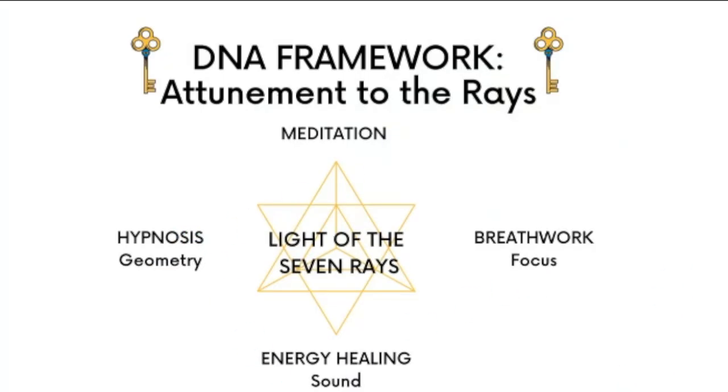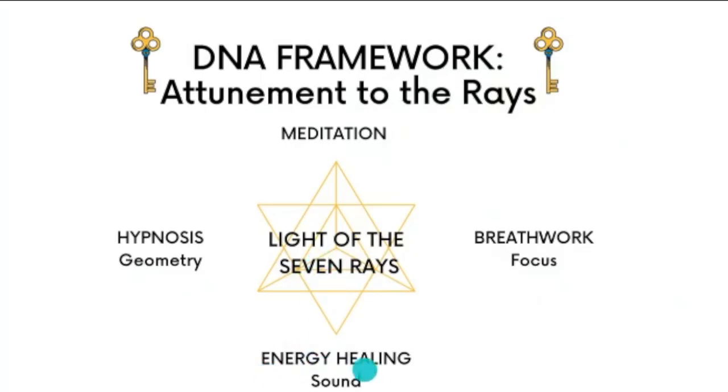Specifically, we're working with the light of the 7 rays, and we use hypnosis as a tool to help us align with the sacred geometry of the rays. We use our breath work as a tool to focus our attention on the light of the 7 rays.